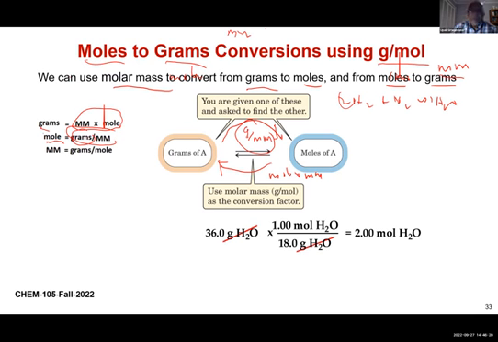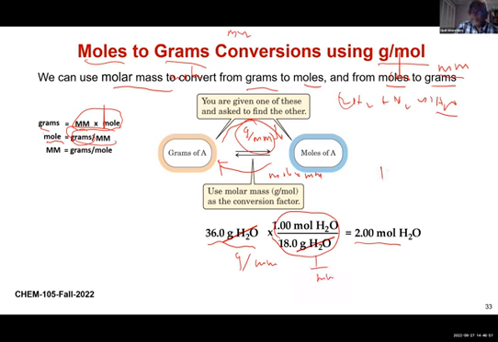For example, if you take water in this reaction, 36 grams of water. How do you convert it to moles? Grams divided by molar mass. This part is 1 over molar mass.